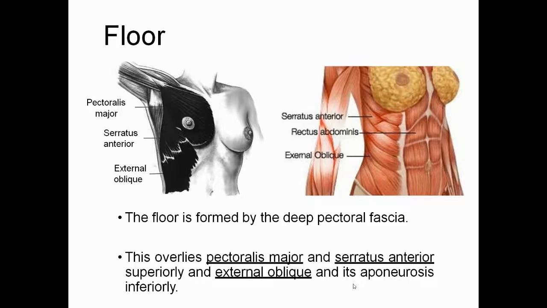The floor of the breast is formed by the deep pectoral fascia. It overlies pectoralis major and serratus anterior superiorly, and external oblique and its aponeurosis inferiorly.